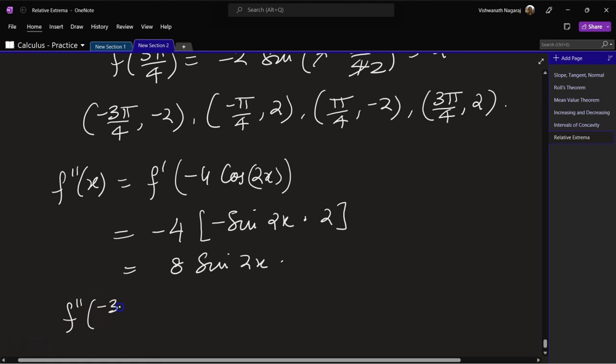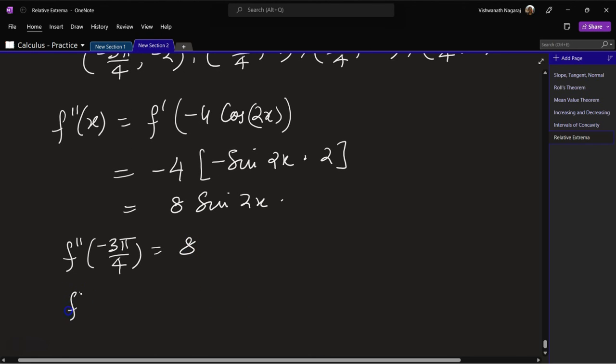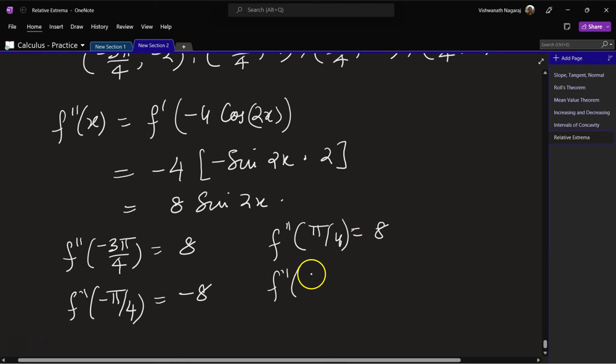f''(-3π/4) is equal to, if you evaluate it, 8. f''(-π/4) will give you -8. f''(π/4) will be 8, and f''(3π/4) will be -8.